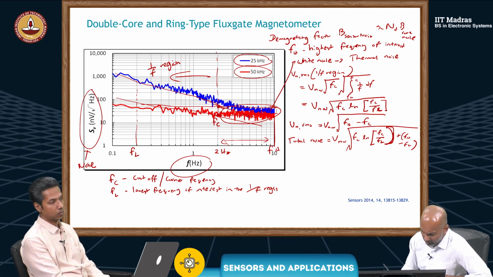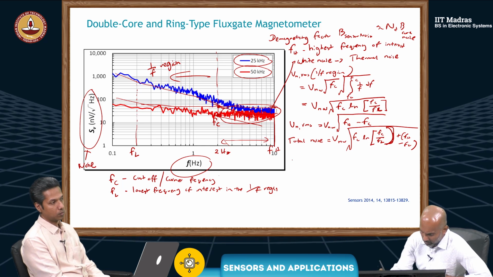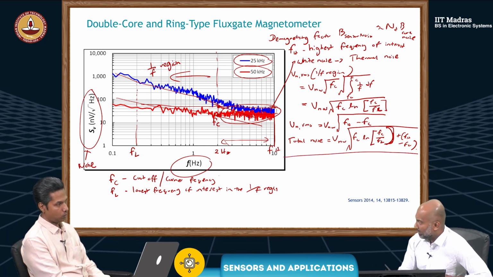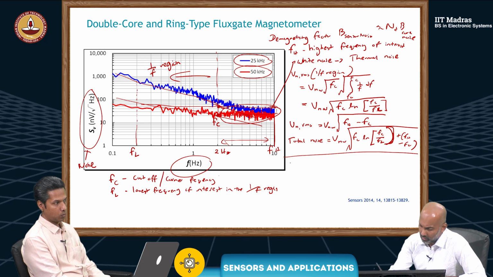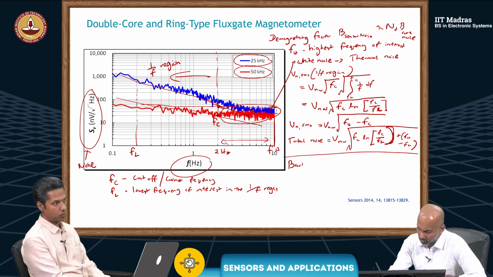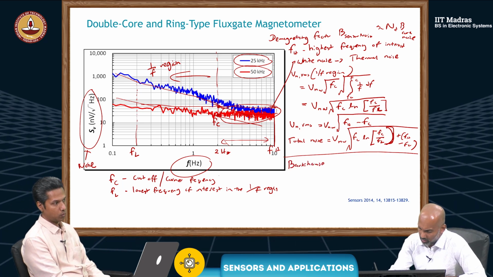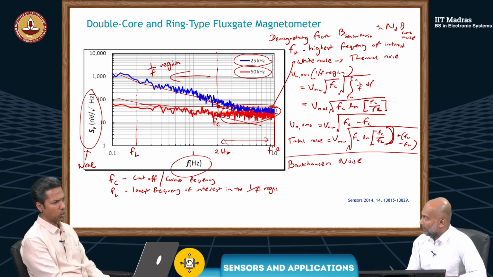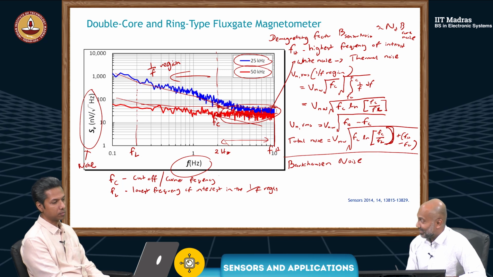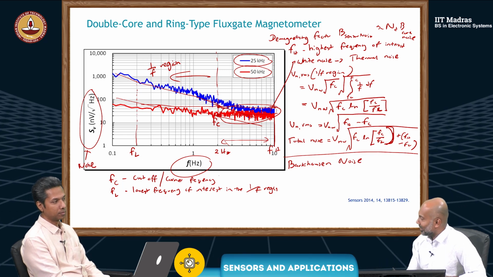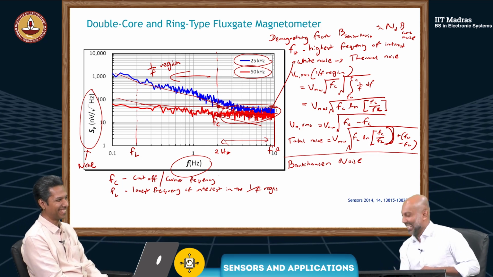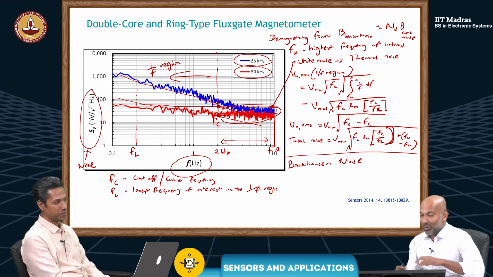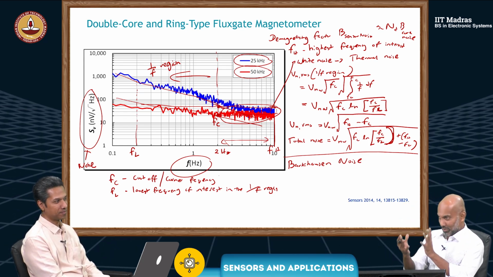So there's another noise source for Fluxgates called Barkhausen noise. It is from the core. You know the BH curve, right?